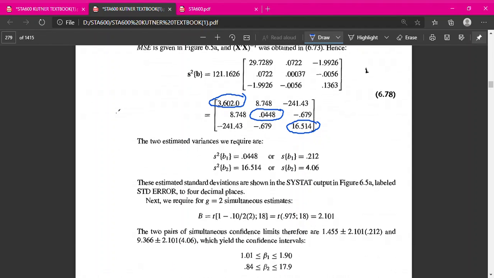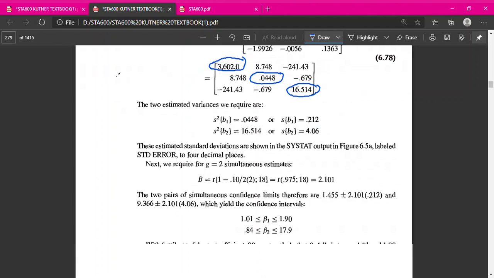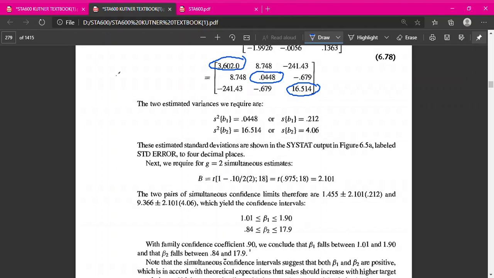Okay, so using all the variance values and the standard deviation, we can find the confidence interval for beta 1 and beta 2. From your previous example, you already found beta 1 and beta 2. Beta 1 is 1.455 and beta 2 is 9.366.